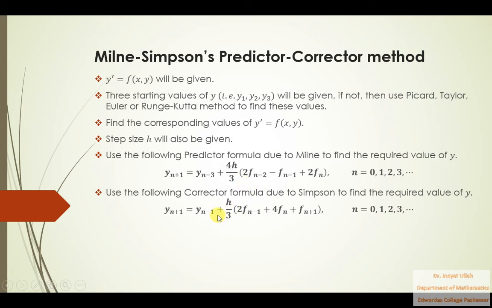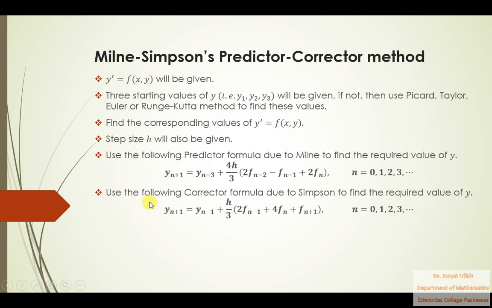These calculations are very simple, but the most important thing is to compare these two values of y. If these two values of y are nearly equal to each other, or if you are asked to find the value of y up to 4 decimal places, then these two must be equal up to 4 decimal places.